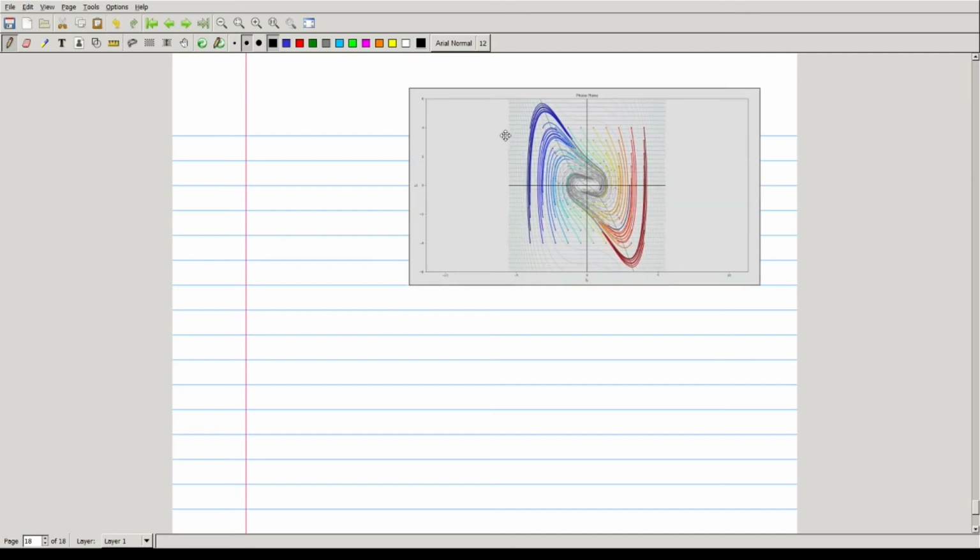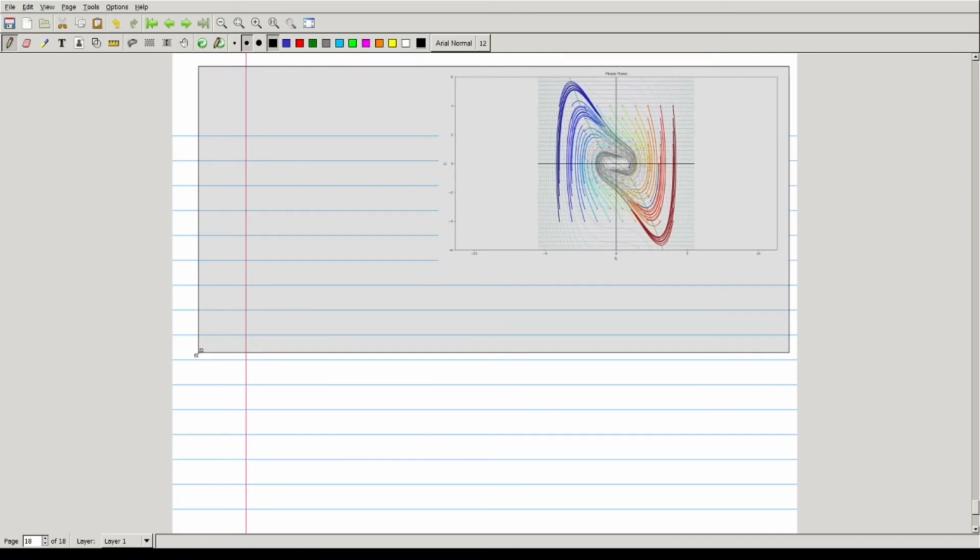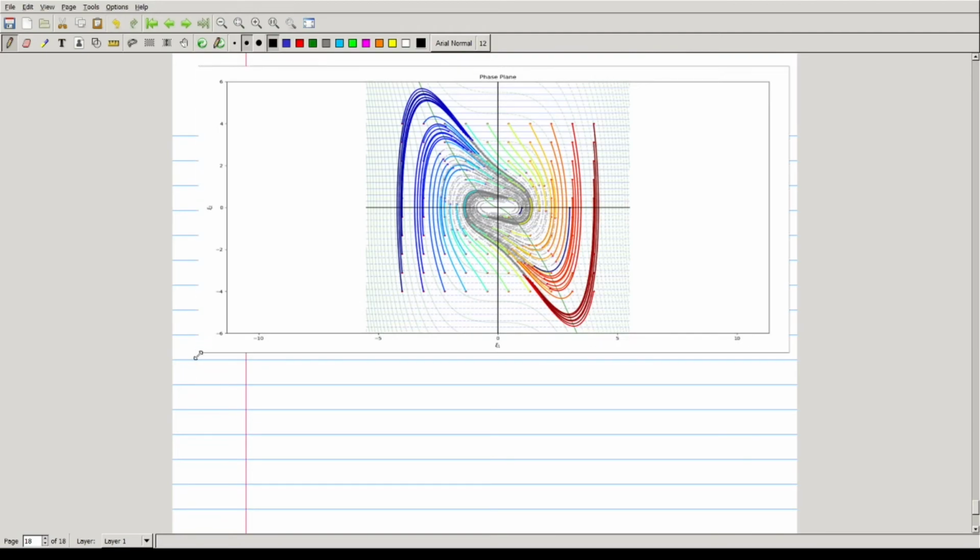And so the solution in the phase plane looks very, very complicated.